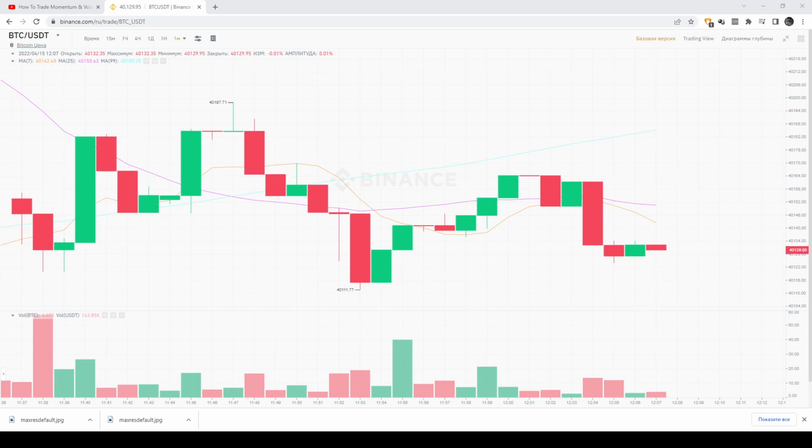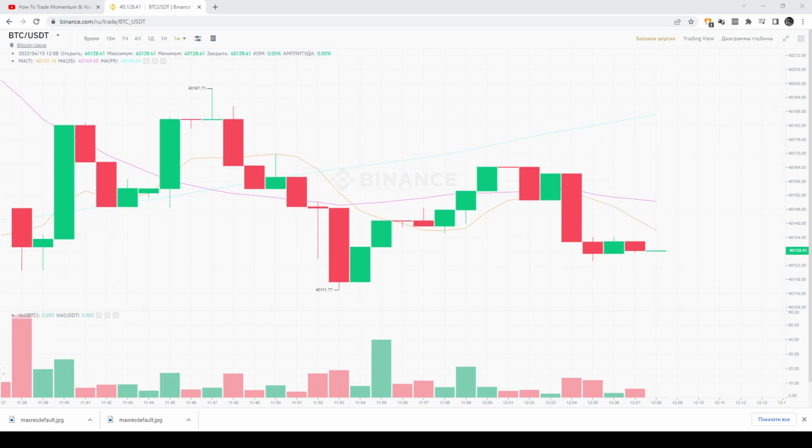Luckily for us, there's an interesting tool that can help to detect when such a switch from consolidation to trend might be near. In today's video, we will discuss the TTM Squeeze indicator, and I will share how to use it and how to trade with it to find the best setups.